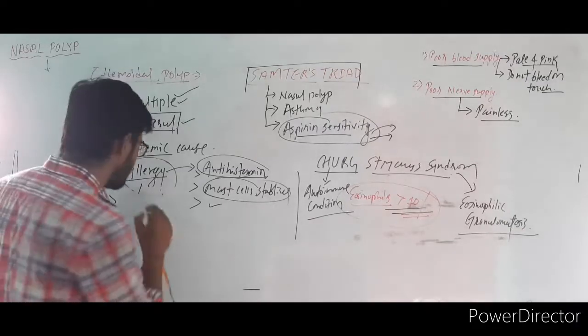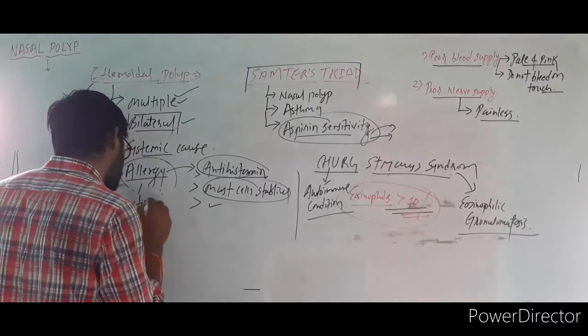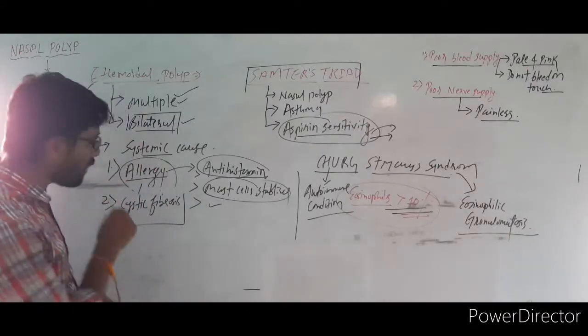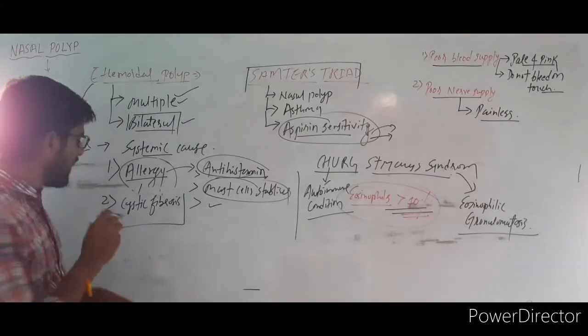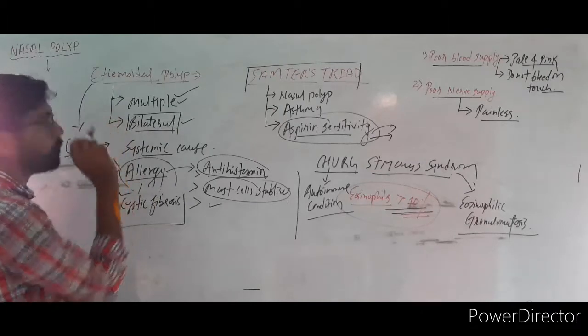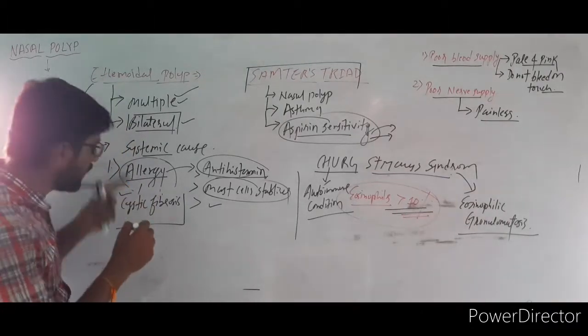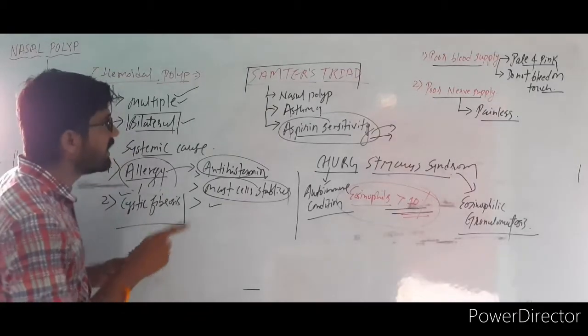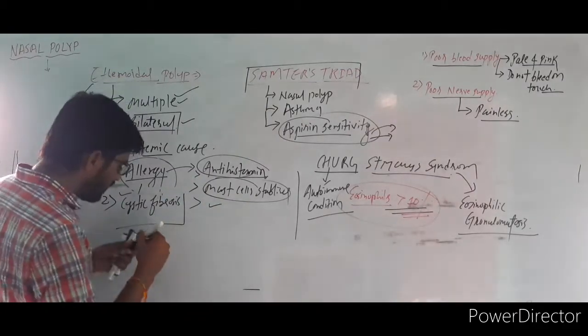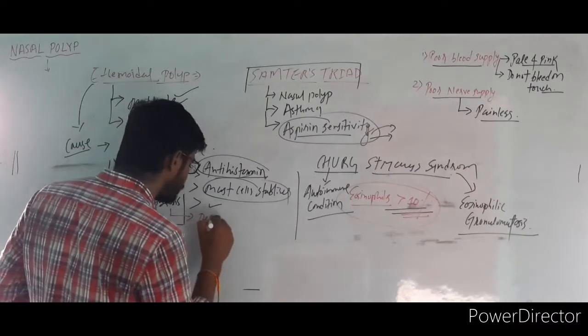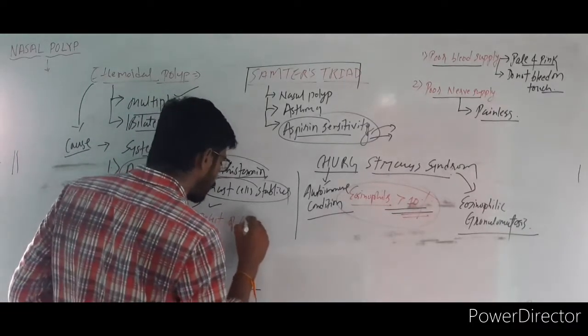Cystic fibrosis. Can you tell me how cystic fibrosis causes nasal polyps? Is there any relation between cystic fibrosis and nasal polyps? In the cystic fibrosis condition, what is happening? Do you know? This is the defect of the chloride channel.